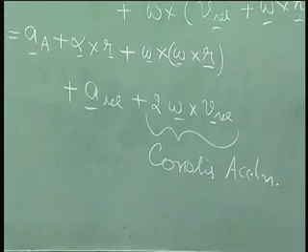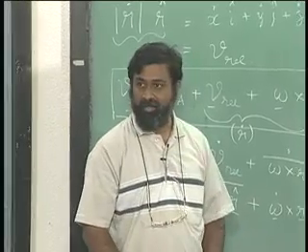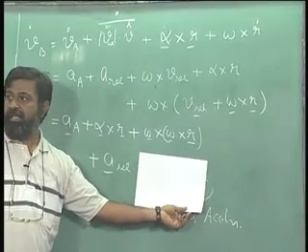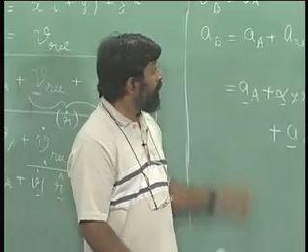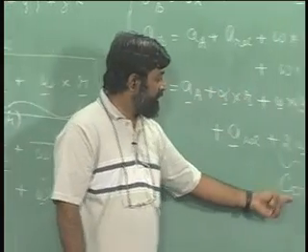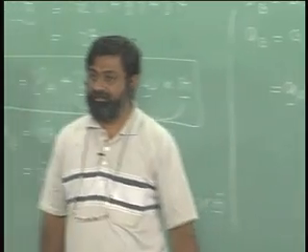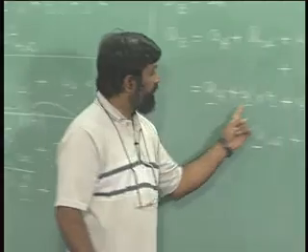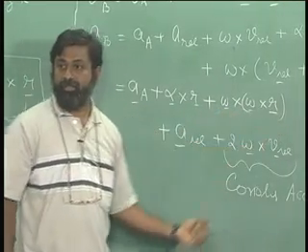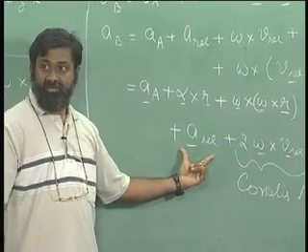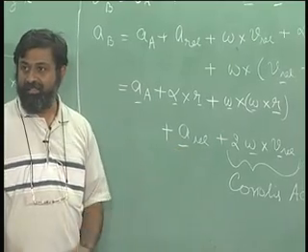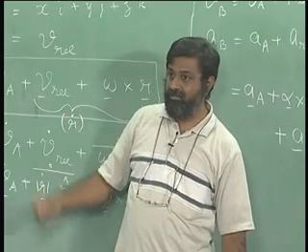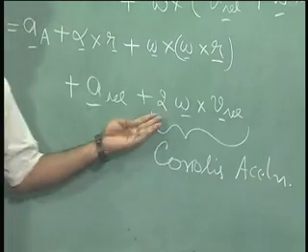Is this clear? Otherwise, it is a very simple idea that I can understand, but upon doing this derivation we find that there is an additional acceleration. We already found out what would be the direction of this. The direction of A relative is not very difficult to understand, it is along the direction of R. And how about this?